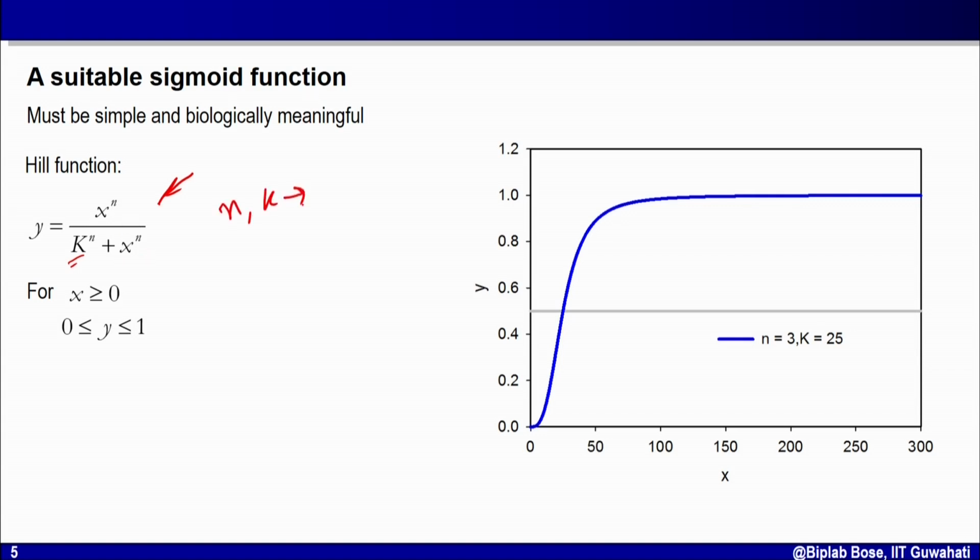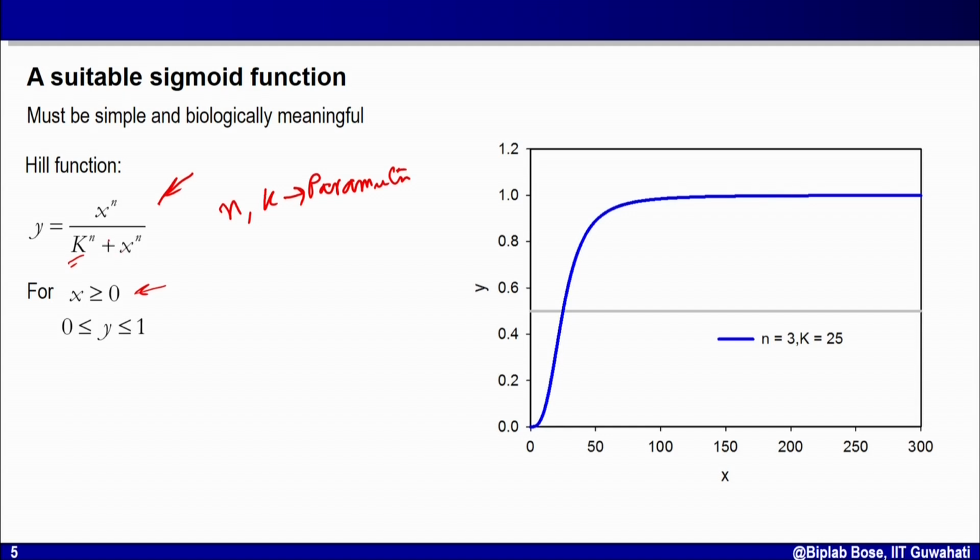Here n and k are parameters, meaning these are constants, and I have to get those values, either by guessing them or from experimental data. If you look at this function, you can easily see that if x varies from 0 to any higher positive value, y will increase.